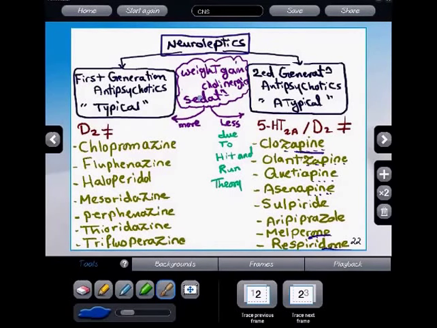And let's say that, on the other hand, the ones with less side effects nowadays, more effective and more potent, are the second generation antipsychotics, which are atypical antipsychotics, like serotonergic 2A and dopaminergic blockers that act as a blocker for both of them, like clozapine, which is the most common in the market, olanzapine, quetiapine, asenapine, sulpiride, aripiprazole, risperidone.